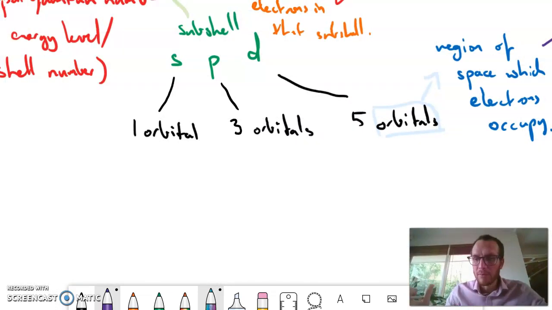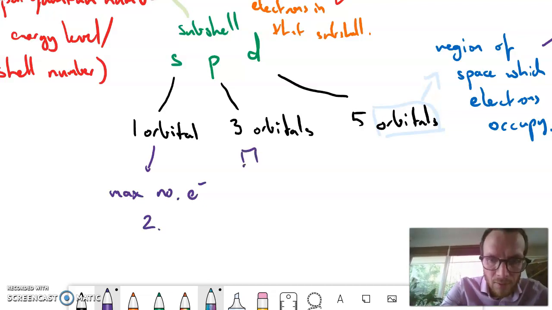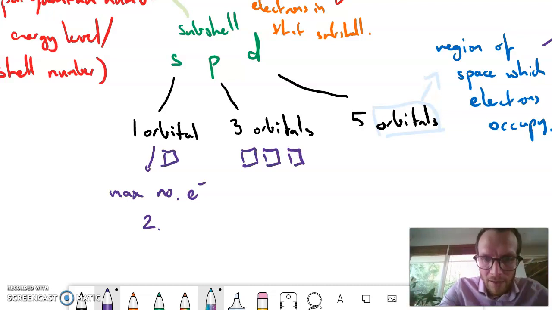So the maximum number of electrons we can fit in an S is 2. Because there are 3 orbitals in a P, and in each one I can fit a maximum of 2, the max number of electrons therefore is 6.